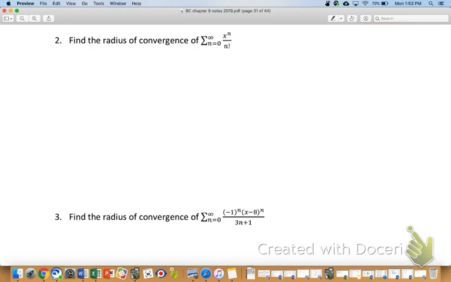It says find the radius of convergence of this. First of all, let me ask you, can anybody tell right away what's the centering point for this series? 0. How do you know? It starts at n. This does not indicate that the centering point is 0. What do you guys think? What do you think it is? Like the c value is 0 because you have x.